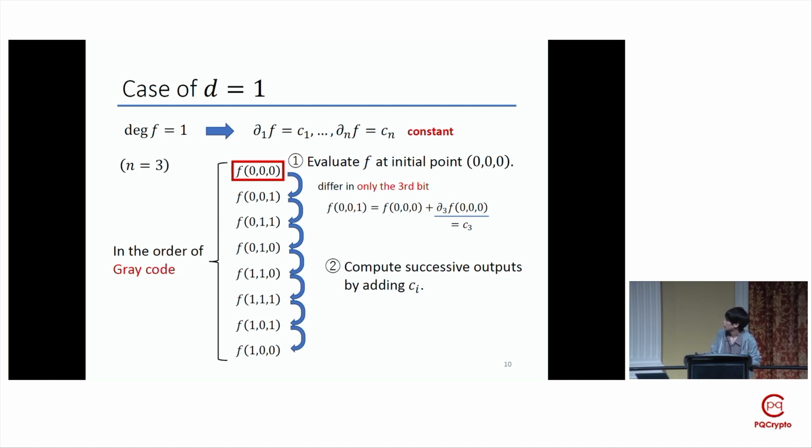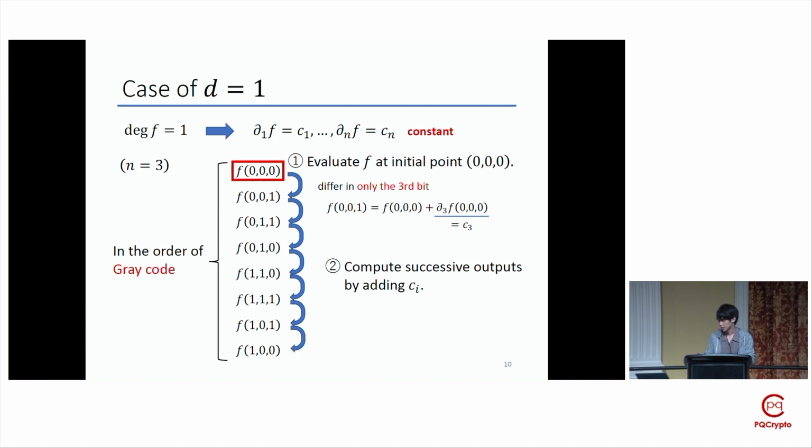First, we evaluate f at the initial point 0,0,0. And then f(001): 0,0,0 and 0,0,1 differ in only the third bit. Thus, from the definition of derivatives, we can compute the value f(001) by adding f(000) and ∂_3 f(000), which equals c_3.